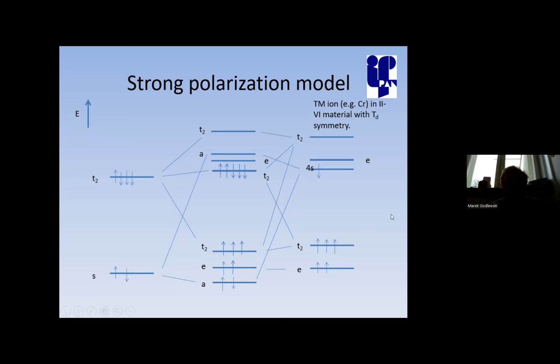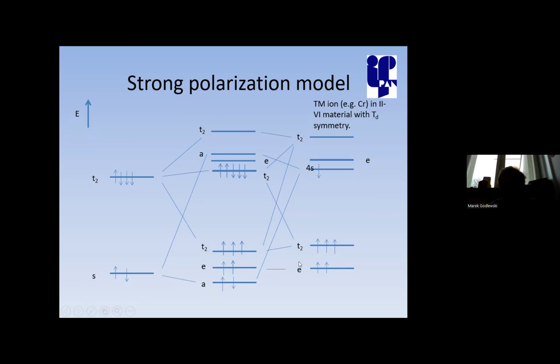And now what we should include are the rules of quantum mechanics, and what I'm speaking about is due to von Neumann. Von Neumann was in fact the father of the computer. This is the so-called anti-crossing rule: if we have states of the same symmetry, they cannot cross and they repel each other. So what happens now if I put chromium into the crystal and form the bonds?